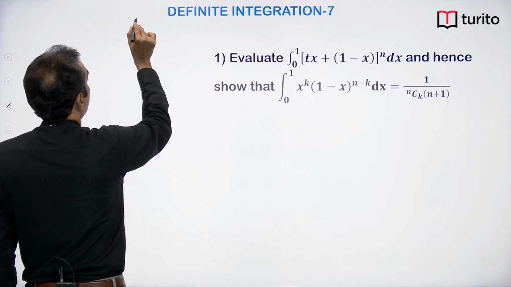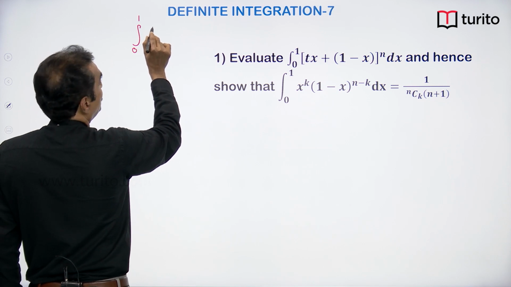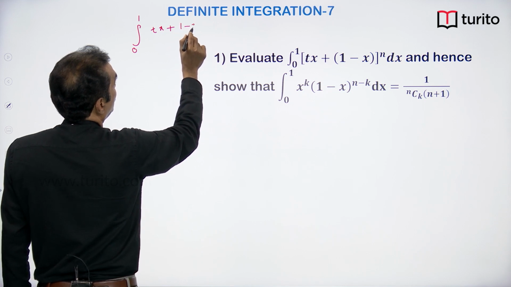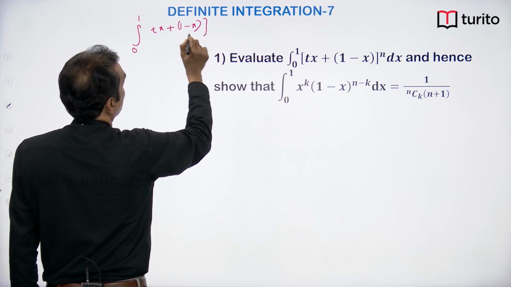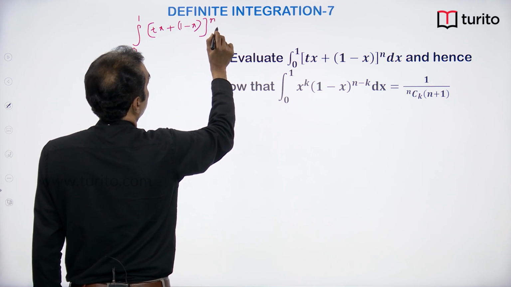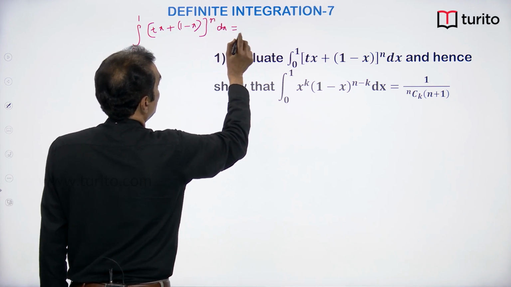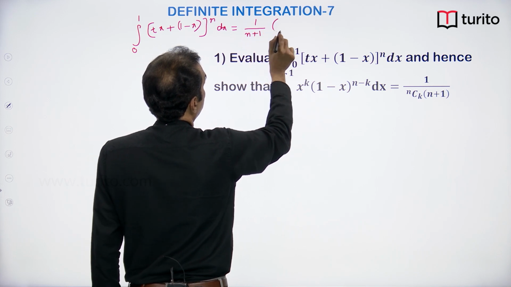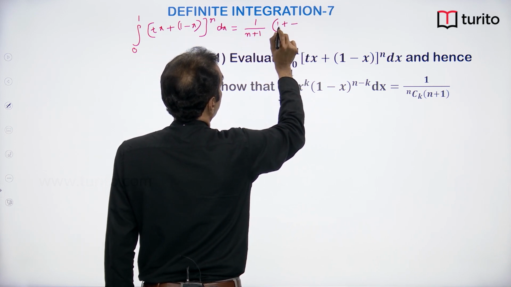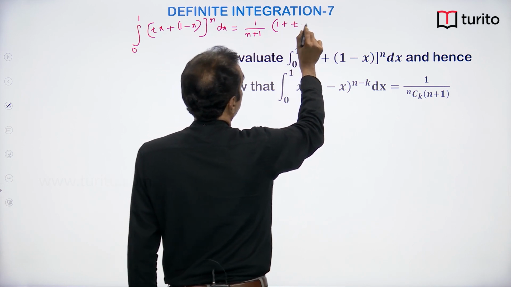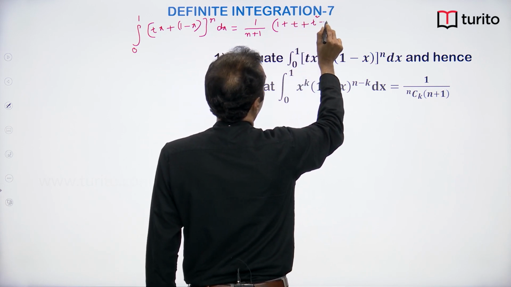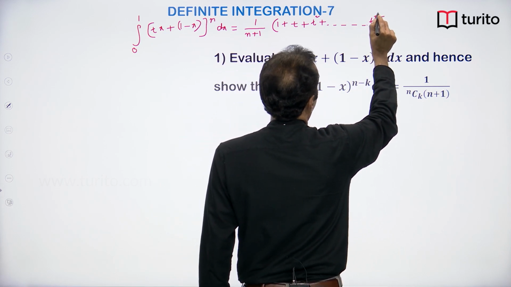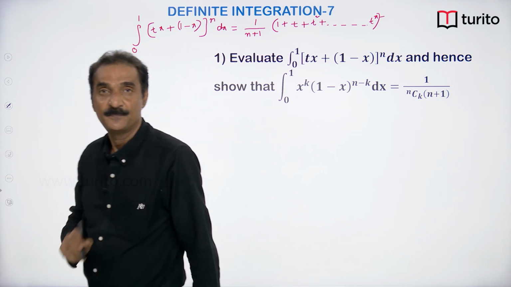The integral from 0 to 1 of (tx + 1 - x) whole power n dx is equal to 1 by (n + 1) into (1 + t + t square and so on up to t power n). This is what we have proved.